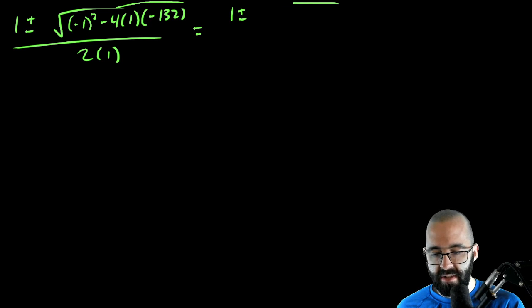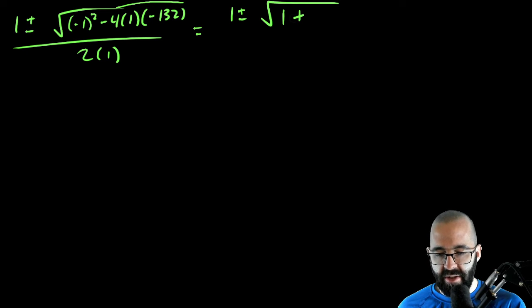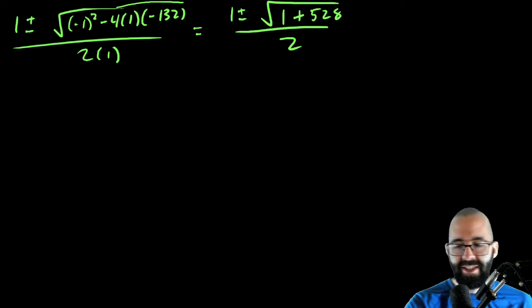It's 1 plus or minus the square root. Negative 1 squared is positive 1. Multiply this other thing. The negatives cancel, times 4. It's going to be 500. And this is a bad idea. 528, all over 2. All right, we should use a calculator.